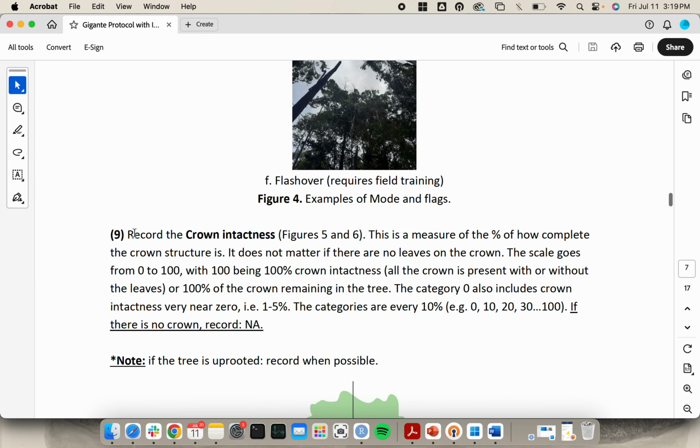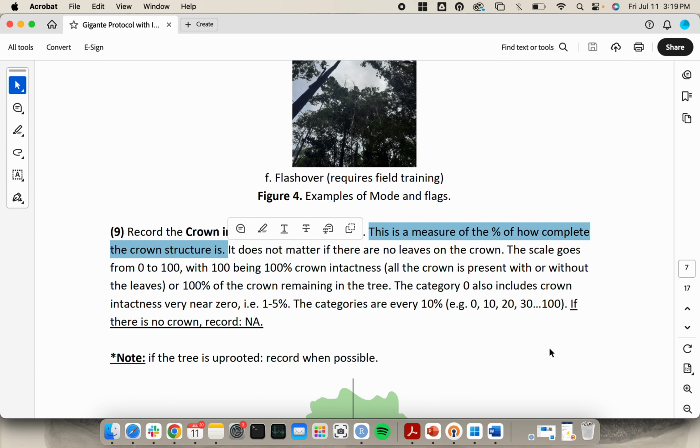Okay, so crown intactness. So this is a measure of how complete the crown structure is. So it doesn't matter if there are leaves or not leaves on the crown. So remember, imagine if the tree is perfect, and compare what you see in your current tree to what a perfect crown would look like.